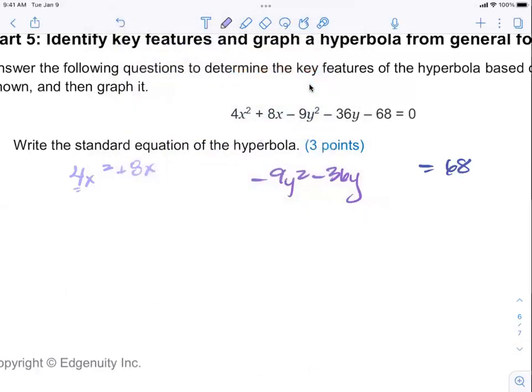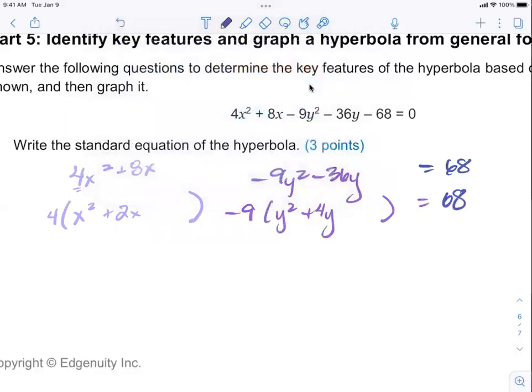You want to get rid of this. So not really get rid of, but factor out. 4 times x squared plus 2x. Leave yourself some space. Factor out the -9, so I've got y squared plus 4y, leave yourself some space, equals, and this is still 68 on the right.